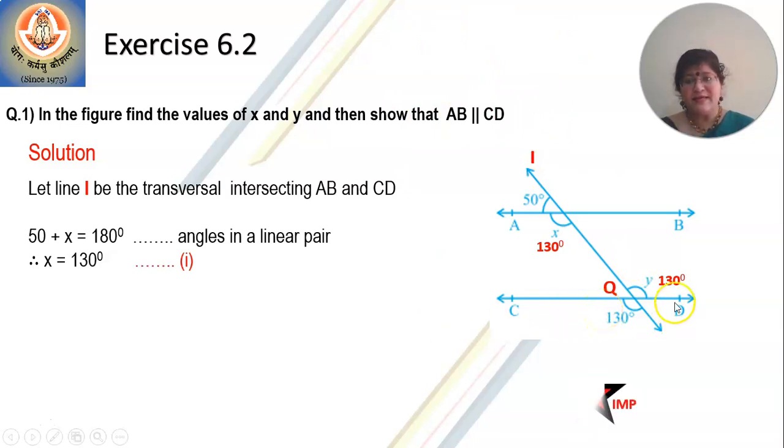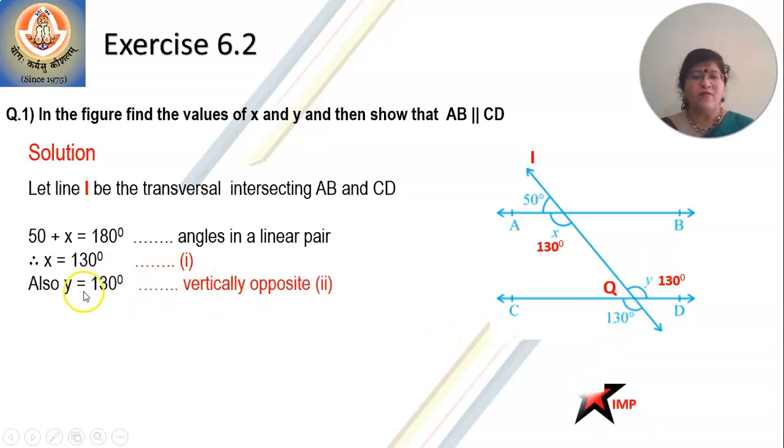So what will be the next step? Choose the angle vertically opposite to y. That is this angle 130 degree. You know that vertically opposite angles are congruent. So what will be the value of y? Y will also be 130 degree because it is vertically opposite to this angle. Okay. Y is equal to 130.